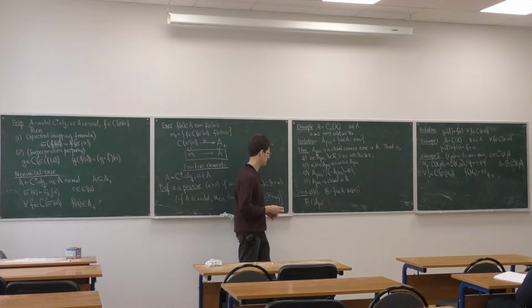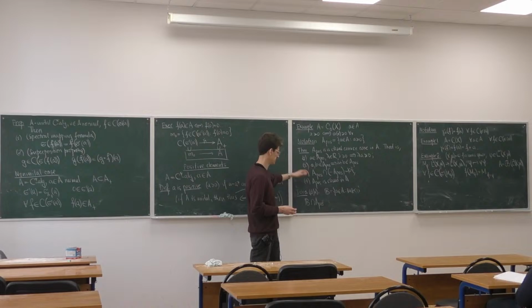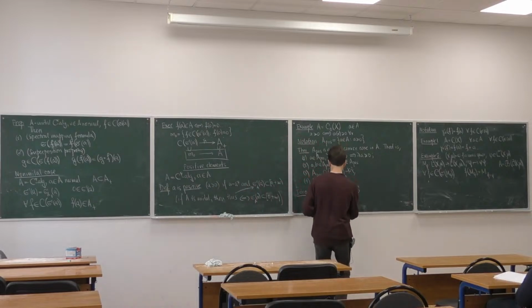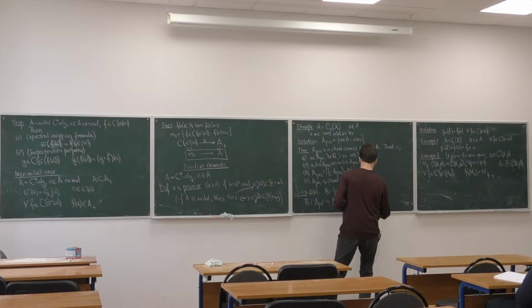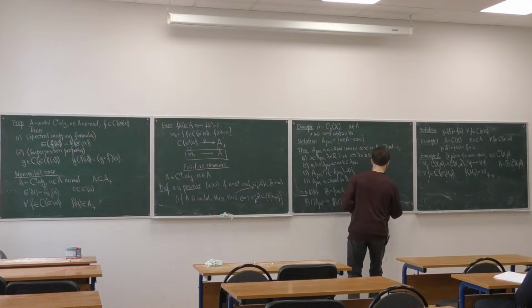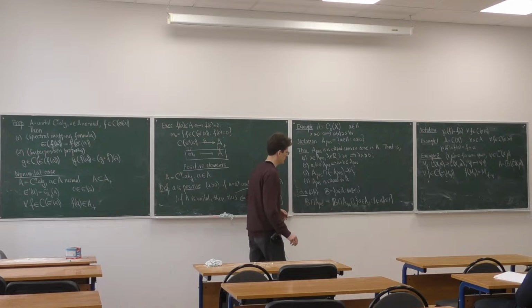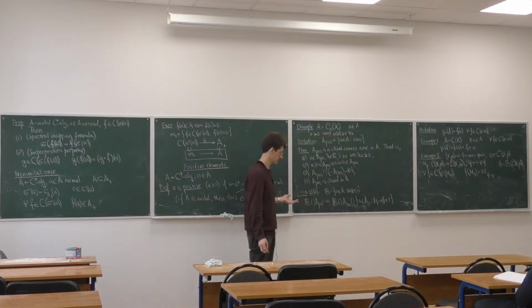Then from this it easily follows that we have 2 and 4 at the same time. And it turns out that this intersection can also be written in the following form. And the right-hand side is obviously closed and convex.